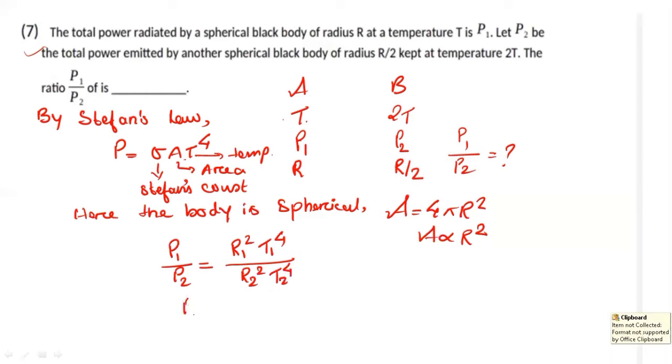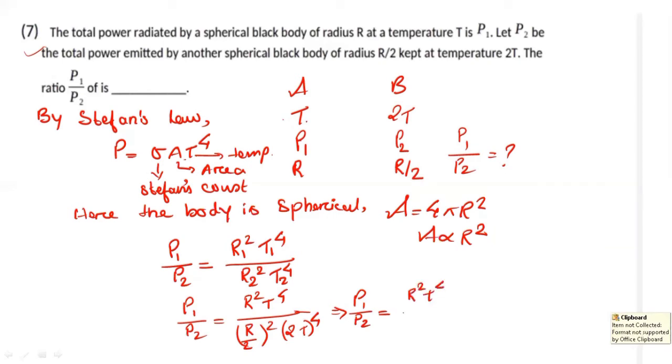So P1 by P2 is equal to R square T to the power 4, divided by R by 2 whole square into 2T to the power 4. This gives P1 by P2 equal to R square T to the power 4 divided by R square by 4 into 16 T to the power 4.